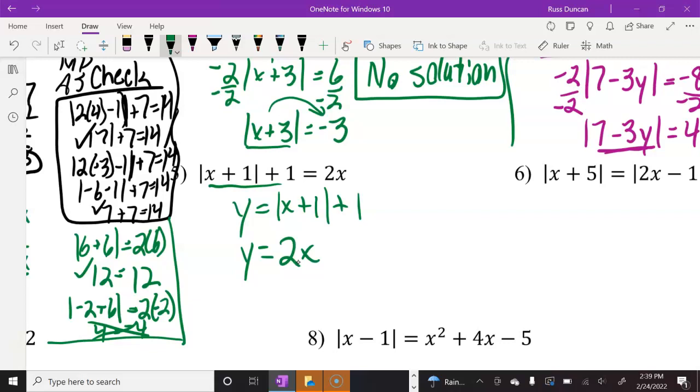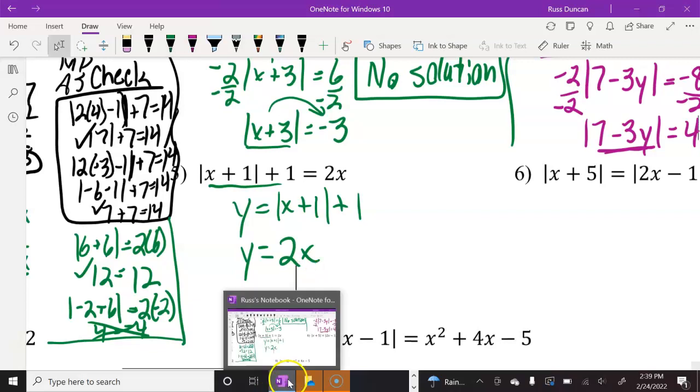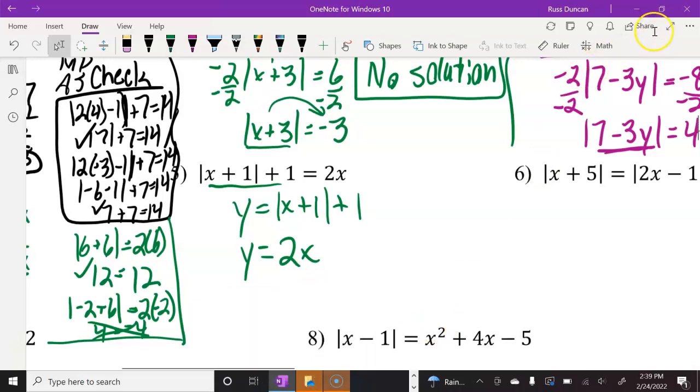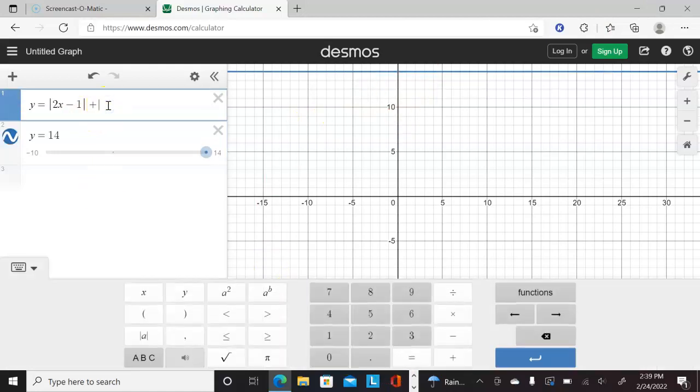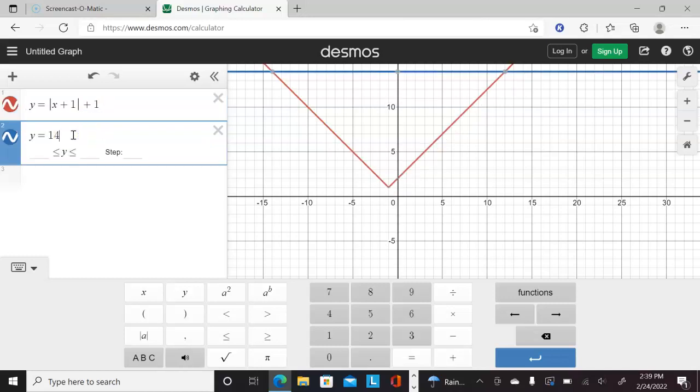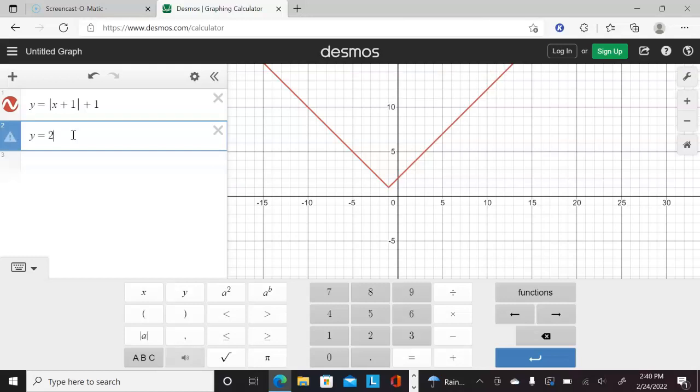If I put these two equations into the calculator, I should get a graph that works. Let's try it. Absolute value of x plus 1 plus 1 and then absolute value of 2x.